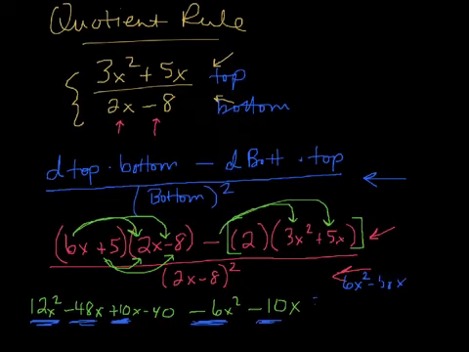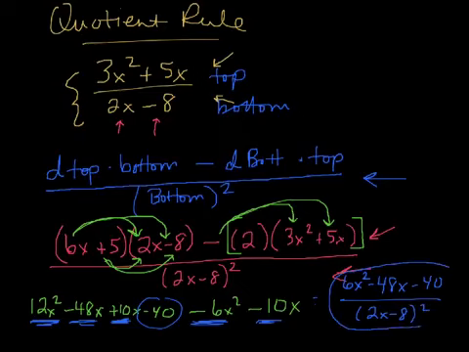So I really only have negative 48x, and then my last little number, minus 40. That's my numerator, all of it over 2x minus 8 squared. And that's how you're going to leave it. That's your derivative.